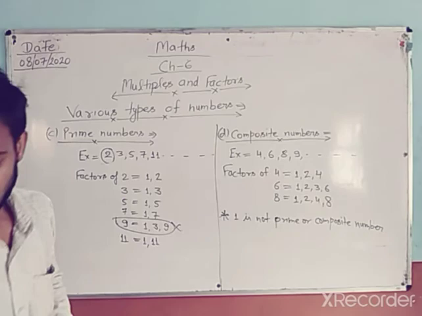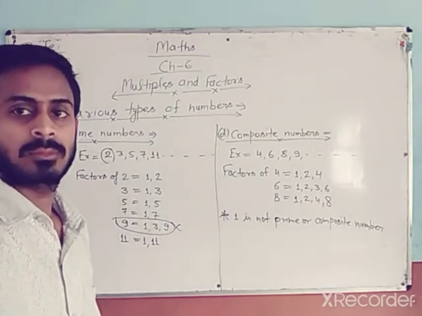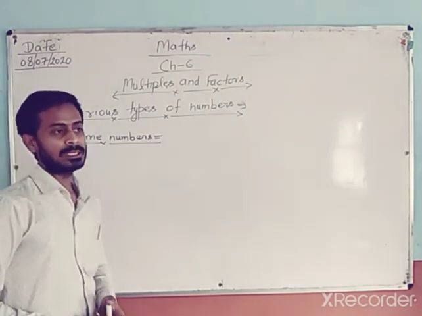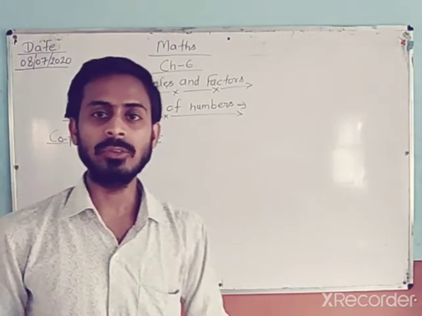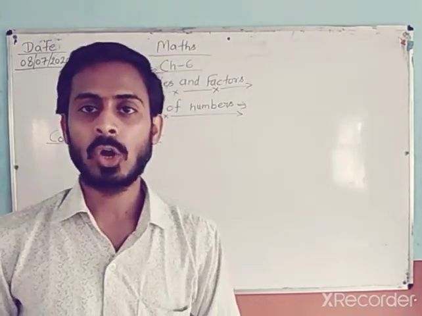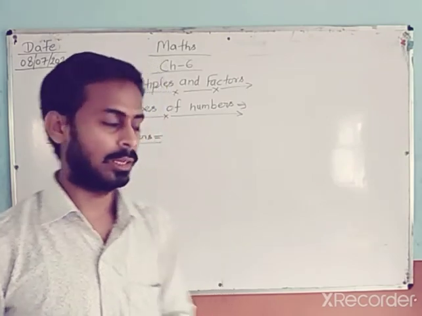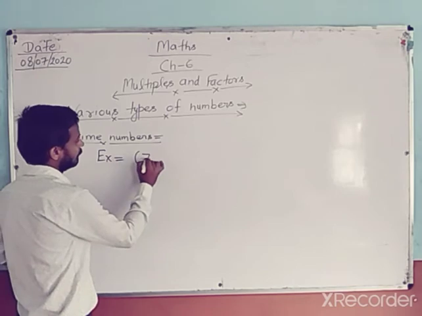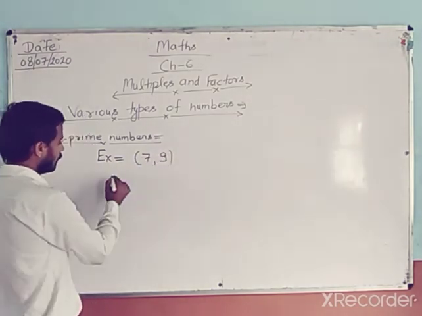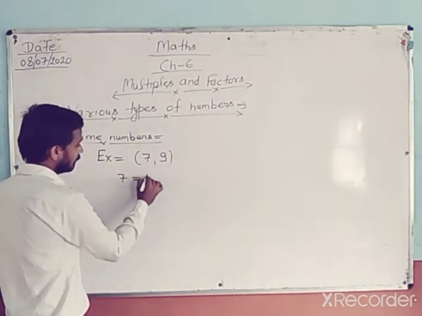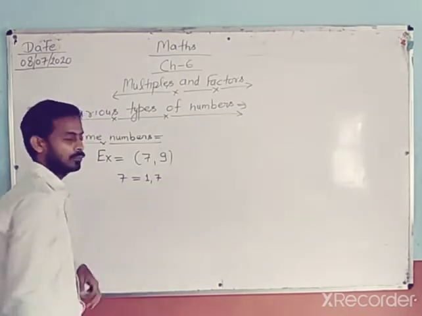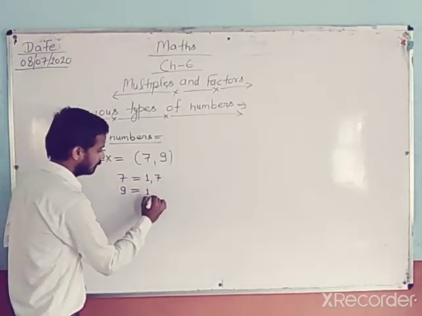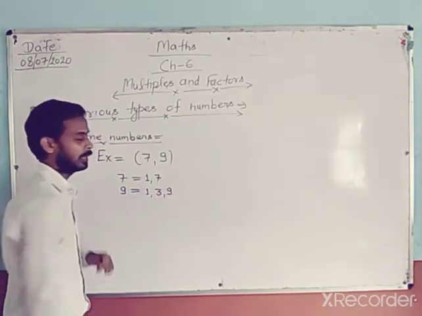Now next, co-prime numbers. Two numbers are said to be co-prime if they do not have a common factor other than 1. See the example, 7 and 9. The factors of 7 are 7 and 1 only, and the factors of 9 are 1, 3 and 9.